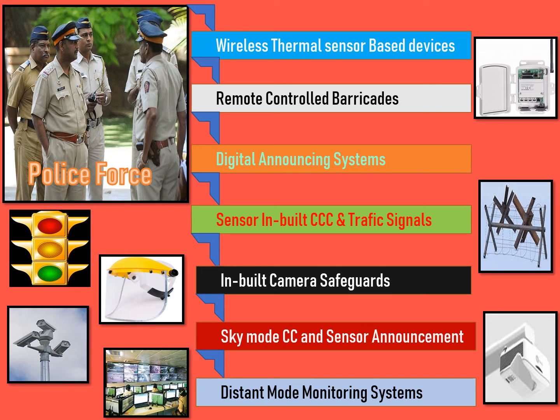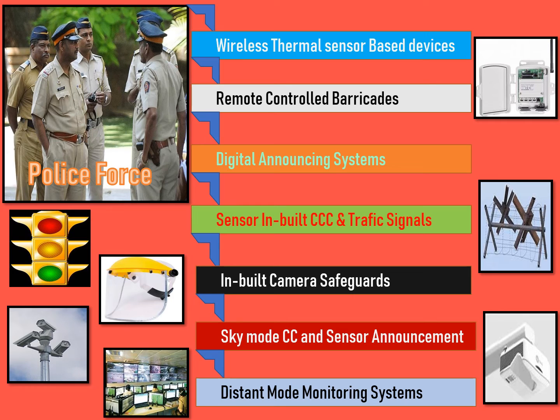Next one is sky mode CC cameras, which can be placed at hoardings, because generally we use a lot of hoardings for advertisement purposes. If you use CC cameras at hoardings, and obviously at periodic places, you can get a lot of information. You can also use CC cameras on flag posts. There are many areas where we use flag posts, for the national flag or for political purposes.